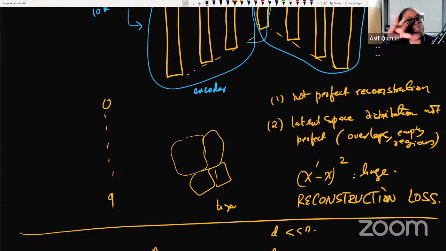But if in the latent space you have empty spots, and I pick a point there, these machines actually don't do very well. They don't know how to decode such points. What we need to do is create a framework.